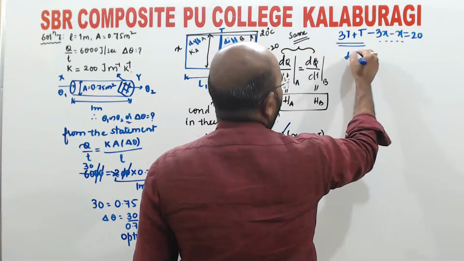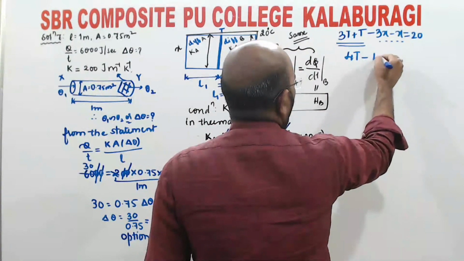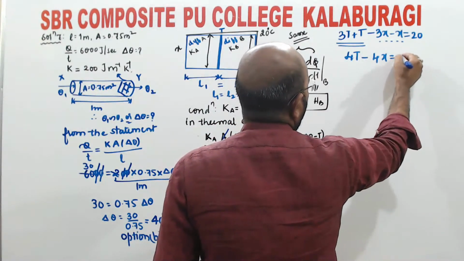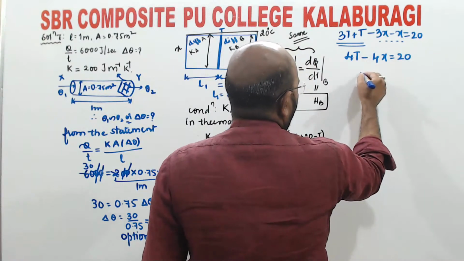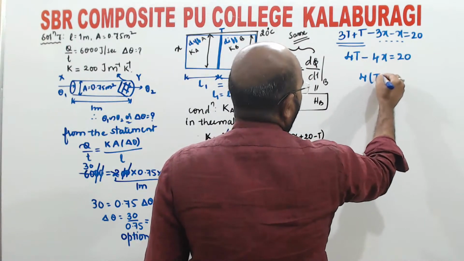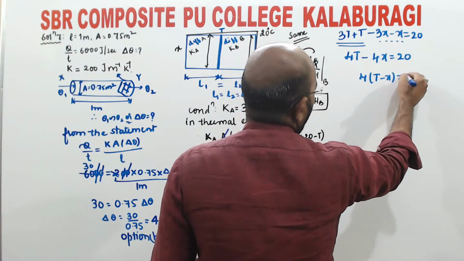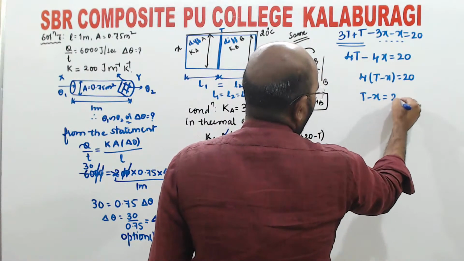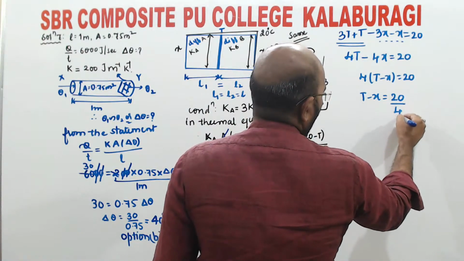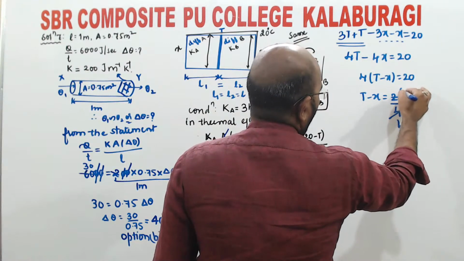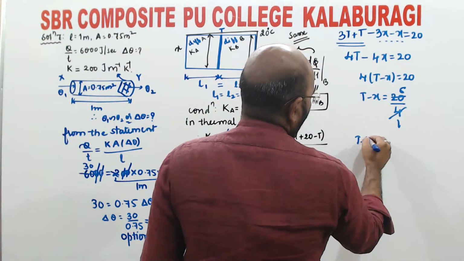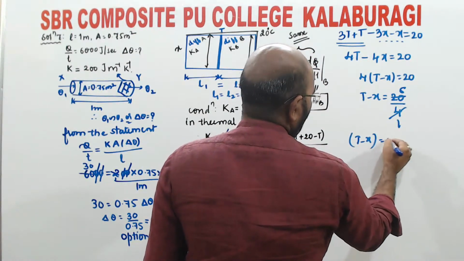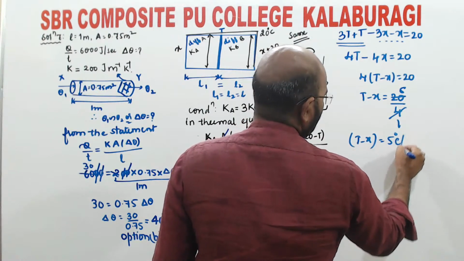This is 4T minus 4X equals 20. Taking 4 common, T minus X equals 20 divided by 4, which is 5. The temperature difference at the junction is 5 degrees Celsius.